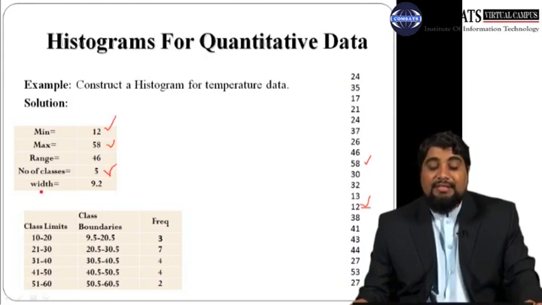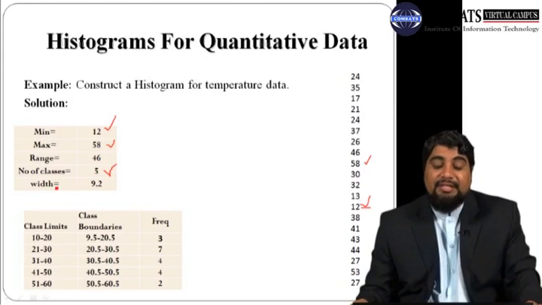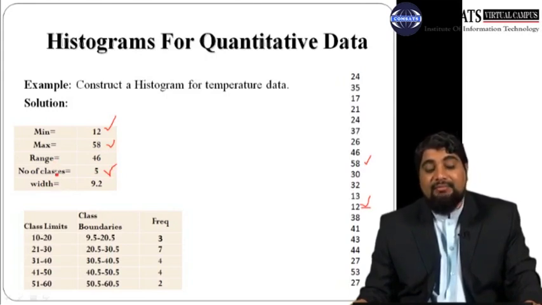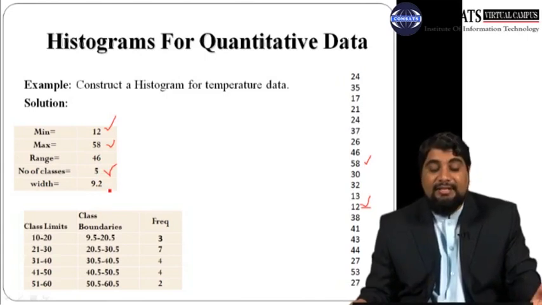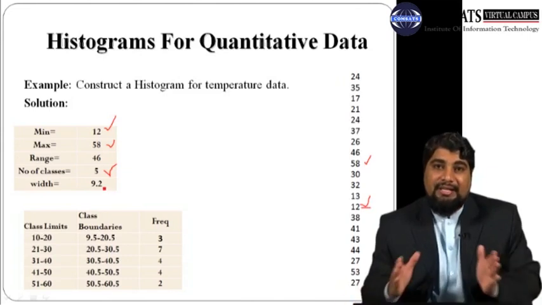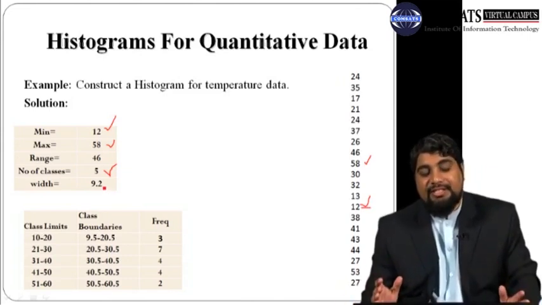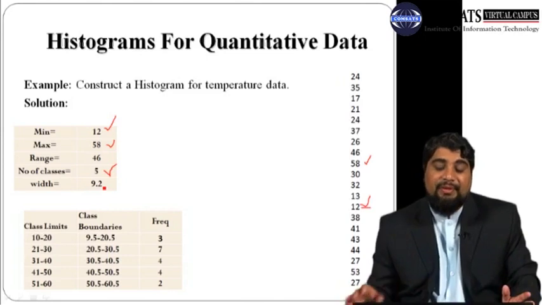Then the width of each class is obtained by dividing the range by the number of classes. So 46 divided by 5, we get 9.2, or approximately we can consider it as 10. So I will take the class interval, or width of each class, as 10 units.